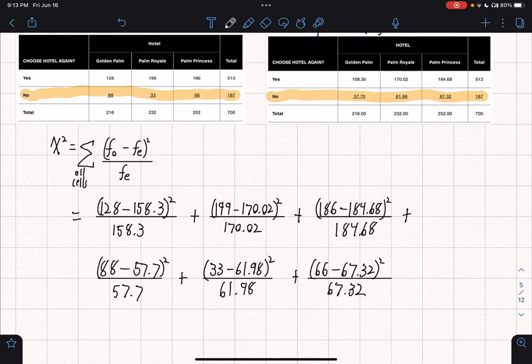So you do these, and then you add all of them up, and you should get a value of about 40.23.